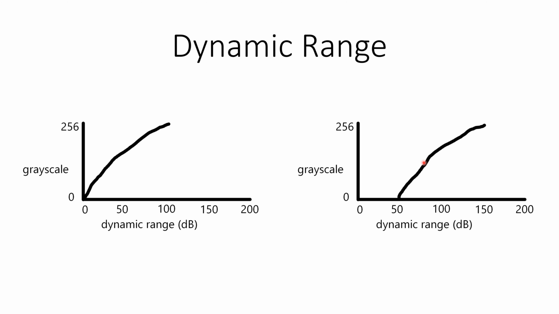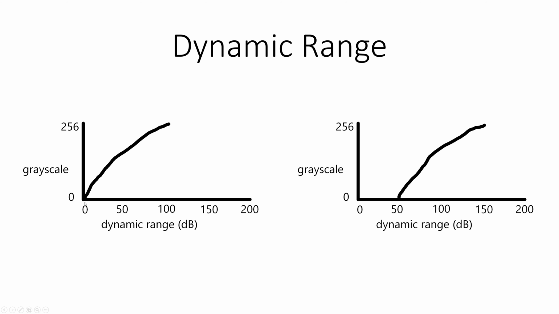So this is another one. This is the end of the talk, so try to hang with me for this boring physics stuff, because I think it actually paradoxically is the most interesting and most important slide of the whole talk. So these are two different compression curves, but they have the exact same dynamic range.